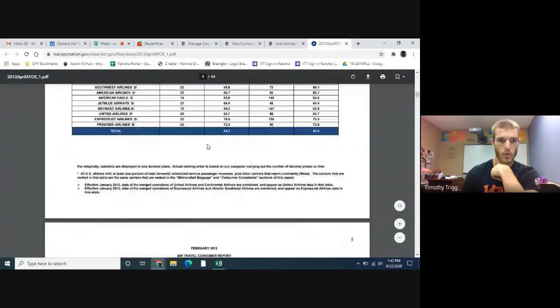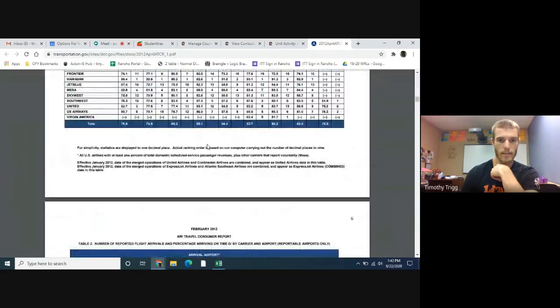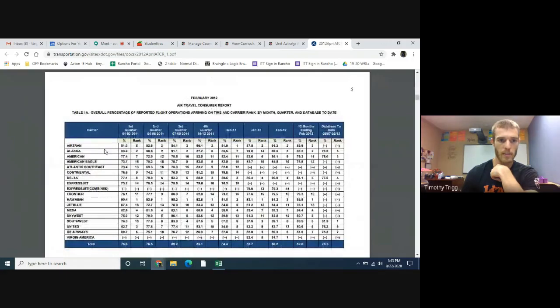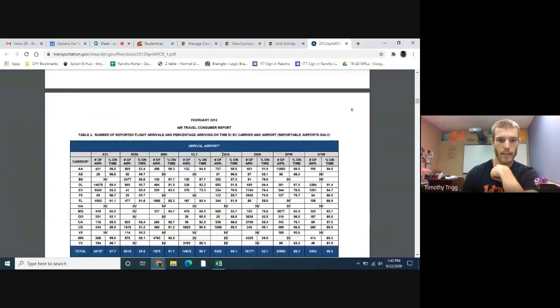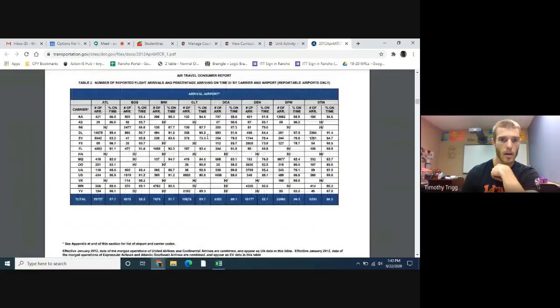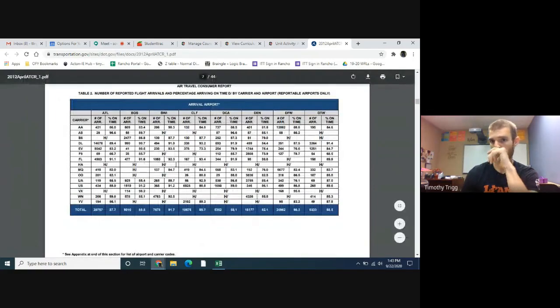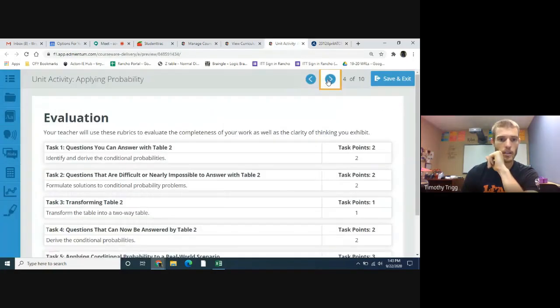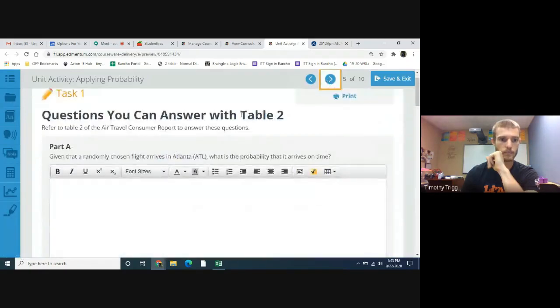We'll be looking at this later, but you can see it talks about different flight carriers, their probabilities of landing on time, and things like that. With that, go to page 5.